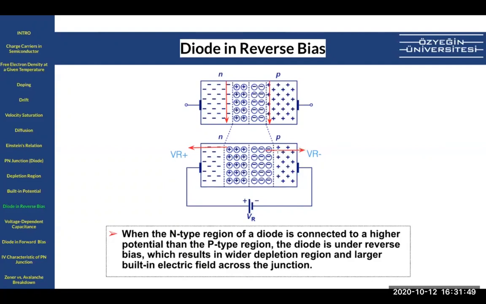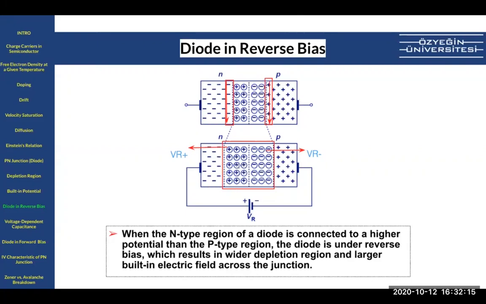So there won't be any holes left, there won't be any electrons left. So this junction, we lose this part of electrons, we lose this part of holes. So the junction becomes much larger. This junction means the region. And this region becomes much larger, and that's how the diode in reverse bias functions.